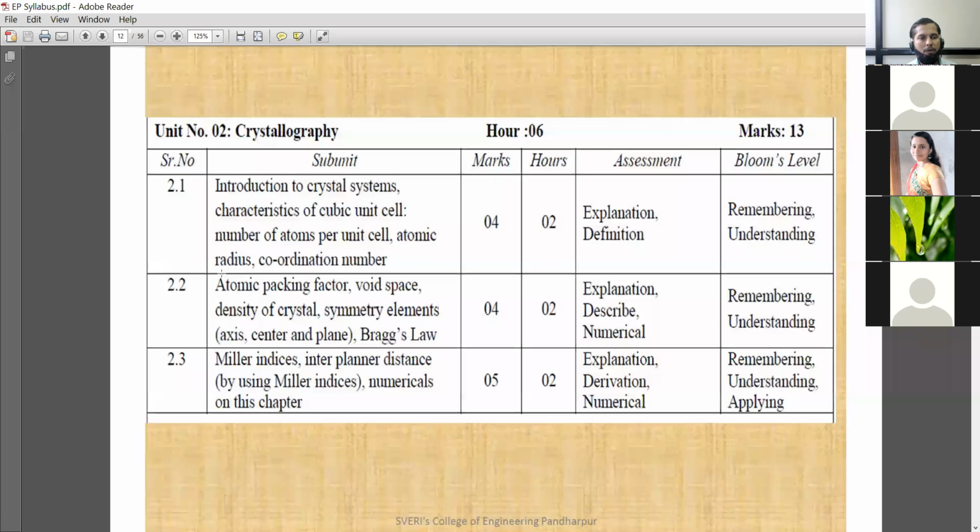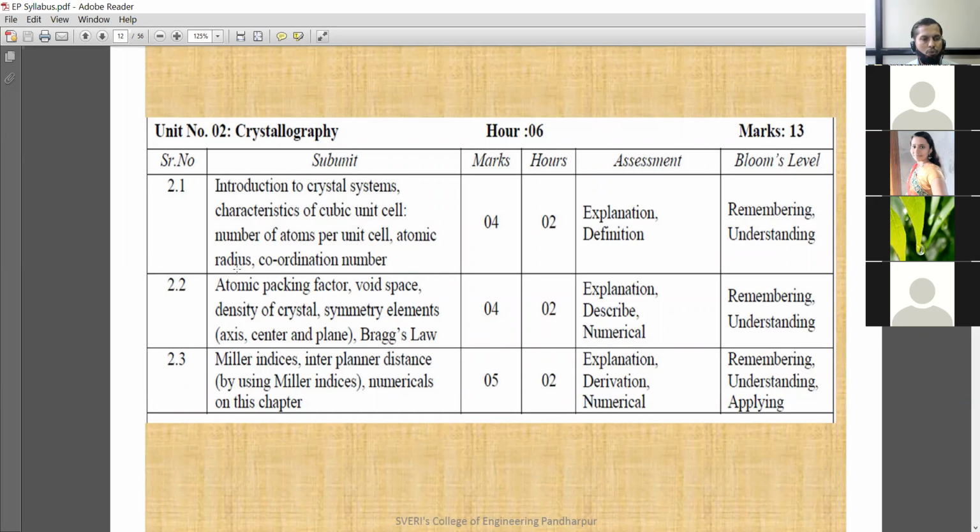Next point, atomic radius, comma. Next is coordination number. So this is 2.1. Then you can continue or you can take next line, no problem.